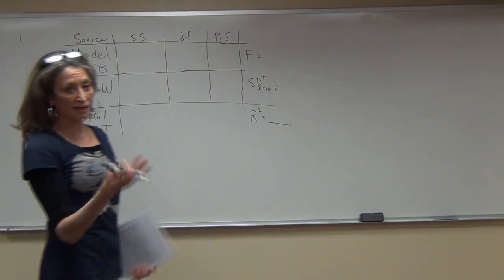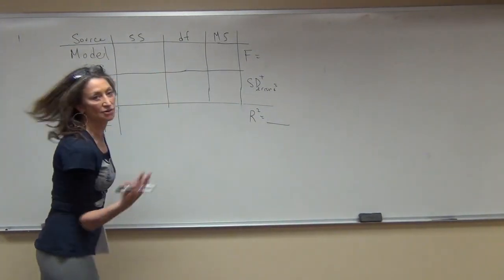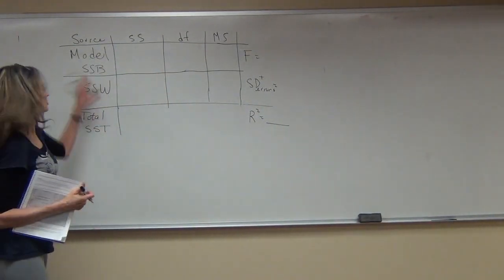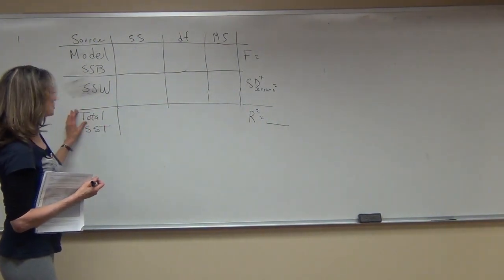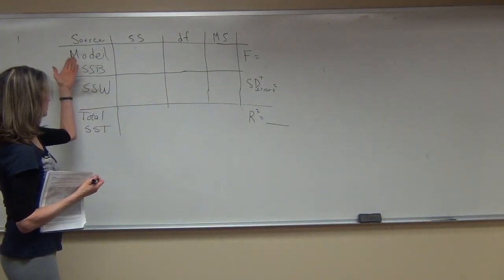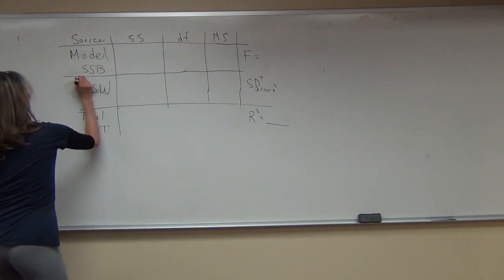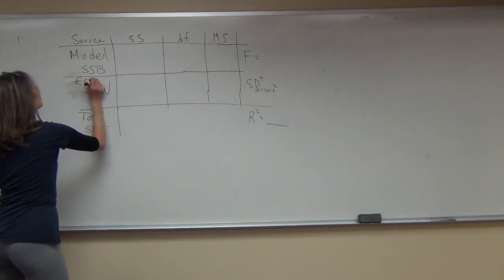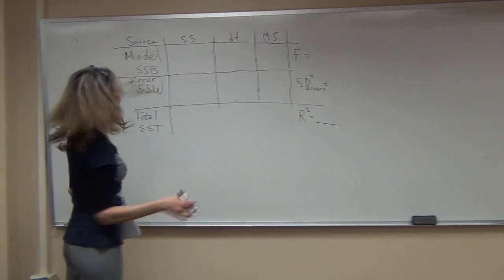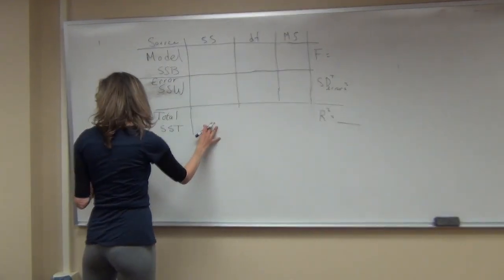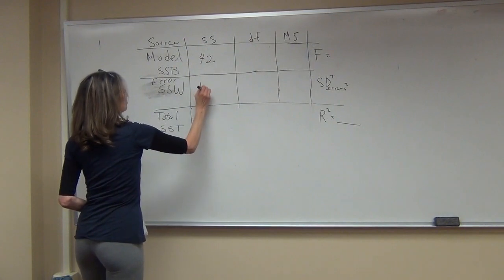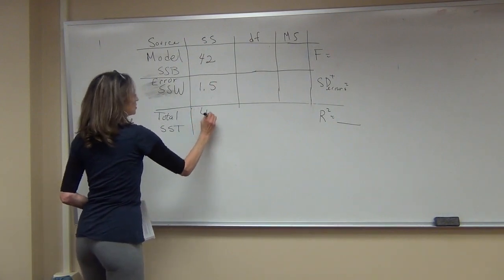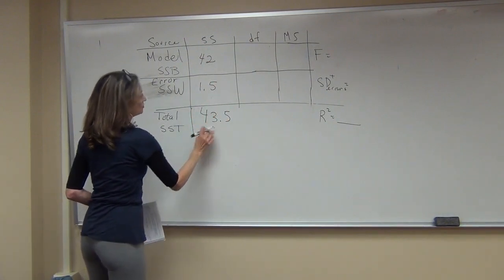Okay, now we're ready to fill in our table here, the usual ANOVA table. We're dividing up the total sum of squares total into model and error. So we just computed those. We said the model was 42, the error was 1.5, and they did sum to 43.5.